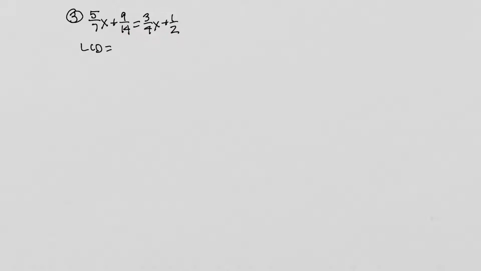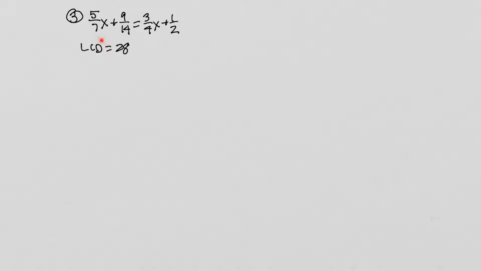So the way I like to do this, I take the biggest number and then check the other numbers. They don't go into it. Then double this. If I double it, I get 28. Now 7 goes into 28, 2 goes into 28, and so does 4. 4 goes in there 7 times. So I'm going to say now that the LCD here is 28. And now I multiply that 28 all throughout the equation.